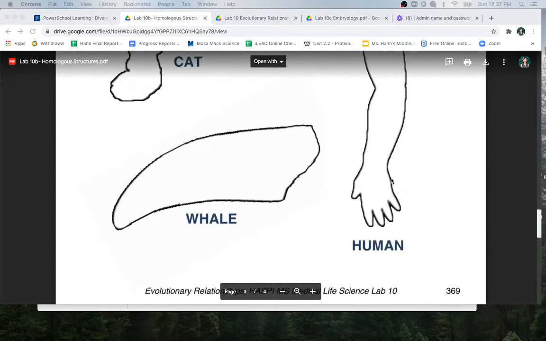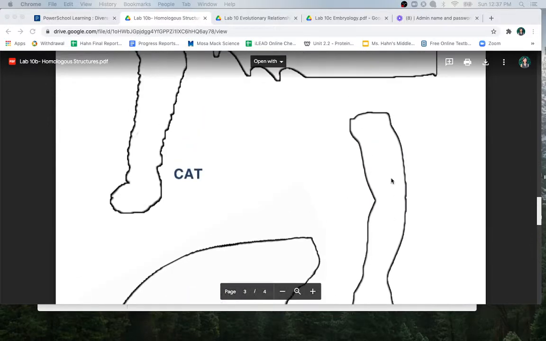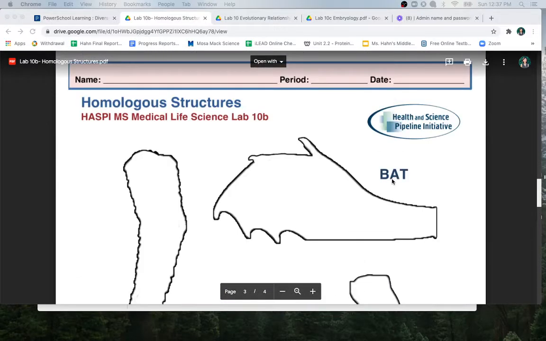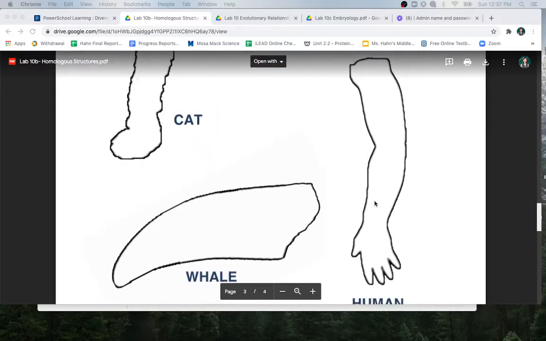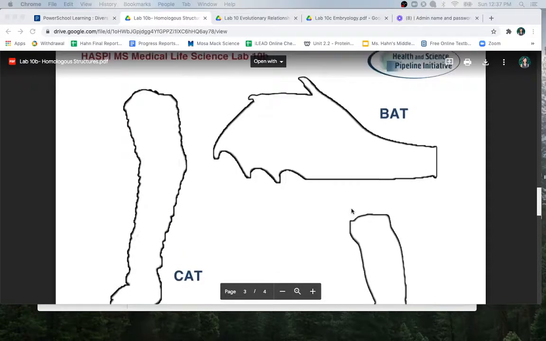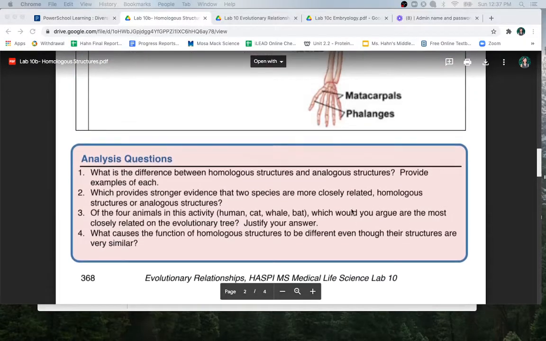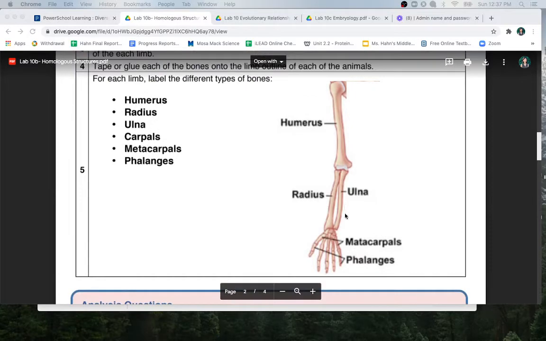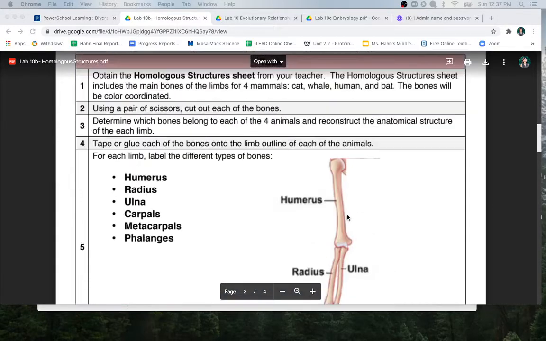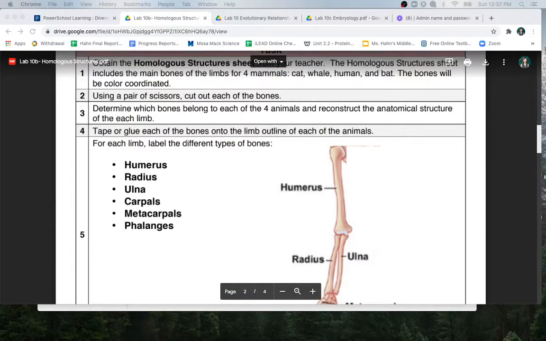And you're going to be putting those homologous structures on this sheet and seeing how, even though bats, cats, humans, and whales seem very different, we have similar structures inside our limbs that seem to show that we might have common ancestry.